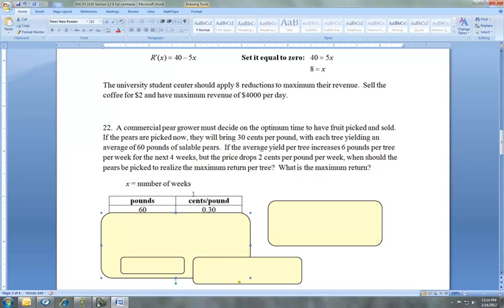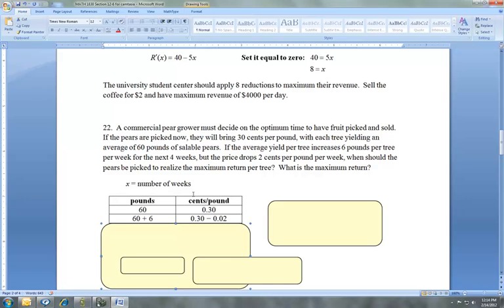So let me start off with pounds and cents per pound. The initial part they gave me was 60 pounds right now. It's going to bring 30 cents per pound. If I wait a week, poundage goes up, price goes down. And if you see a pattern here, I would have 60 plus 6x, and over here I'd have 0.30 minus 0.02x.